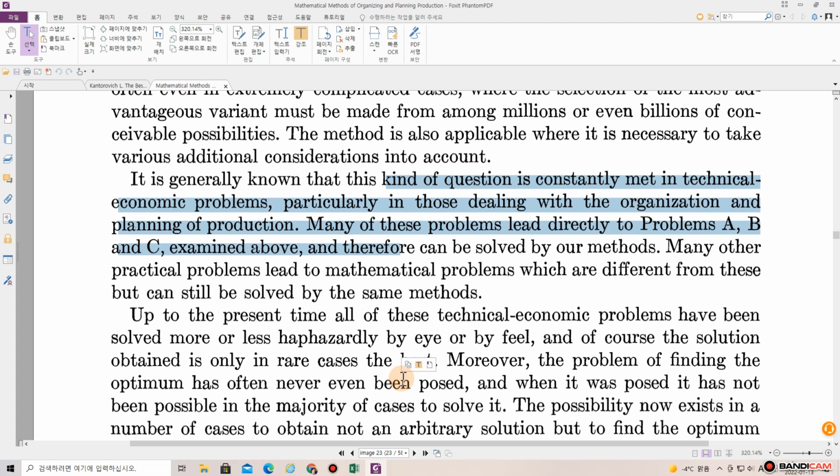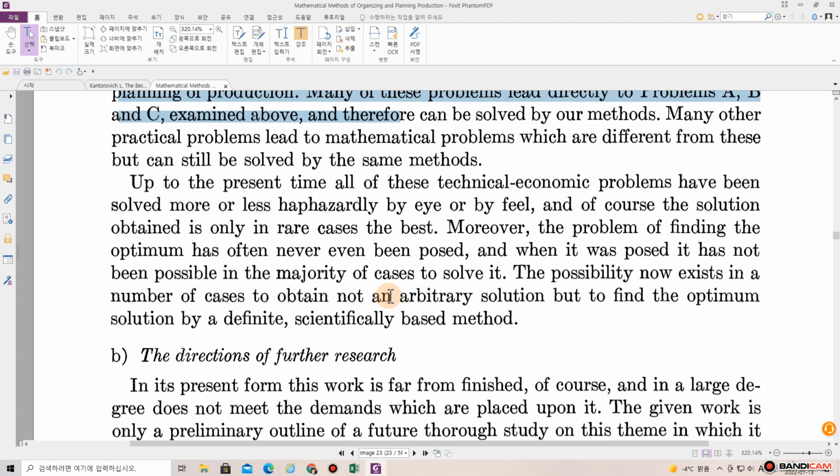Many other practical problems lead to mathematical problems, which are different from these but can still be solved by the same methods. Up to the present time, all these technical economic problems have been solved more or less haphazardly, by eye or by feel, and of course, the solution obtained is only in rare cases the best.